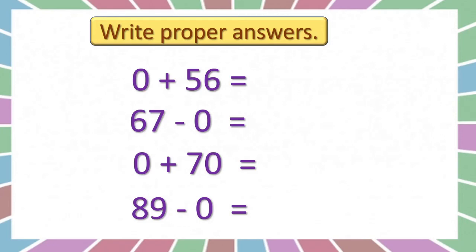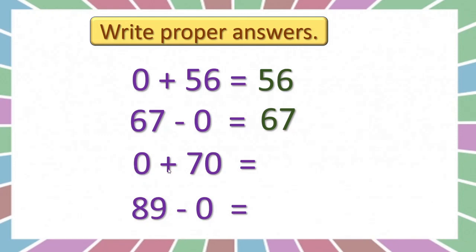Very good, 56. Nice, because when we add 0 to any number, we get the same number. Correct? Here, 67 minus 0. Yes, the answer is very good, 67. Means when we subtract 0 from any number, we get the same number.